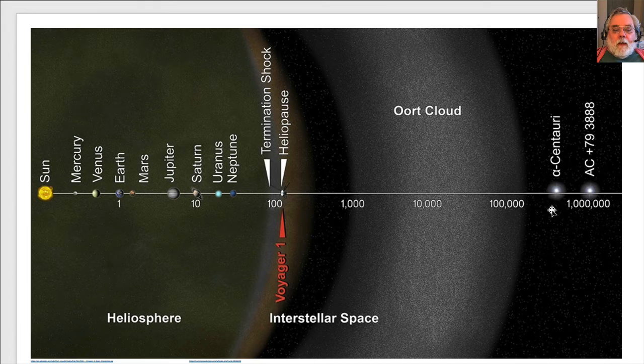Now, Alpha Centauri here is a nearby star. Don't be confused. This horizontal scale is a log scale, so it's not really close to the Oort cloud because there's so much distance here.